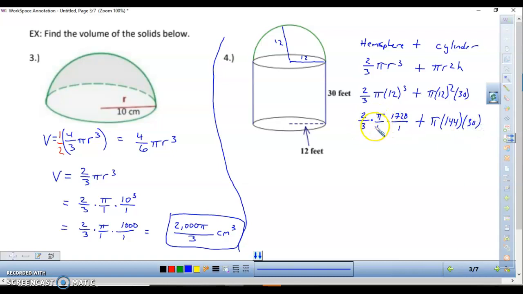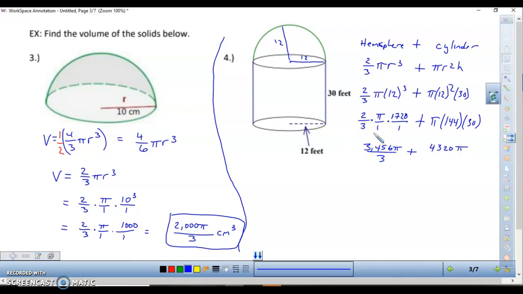So over here I get 1,728 times 2 gives me 3,456 pi over 3 plus 144 times 30 gives me 4,320 pi.